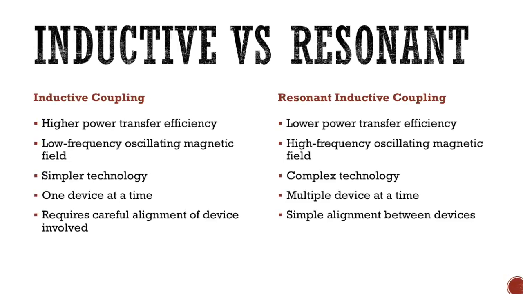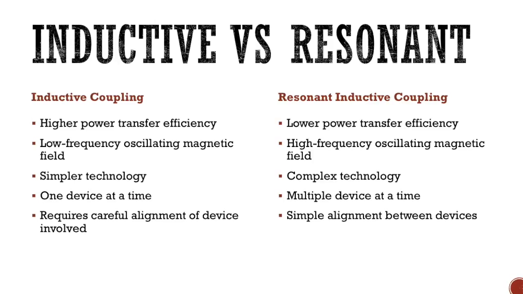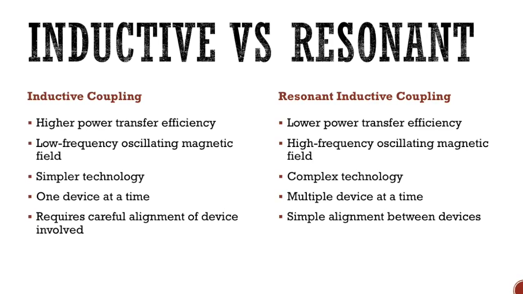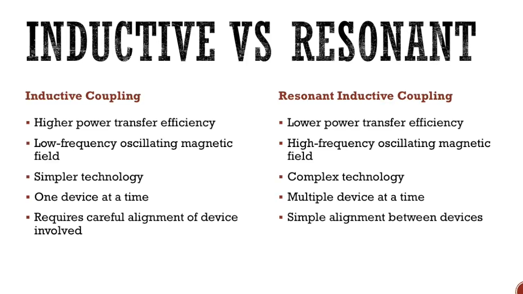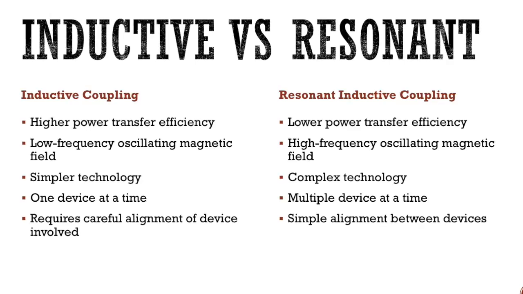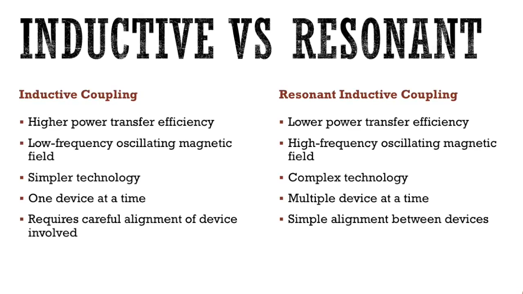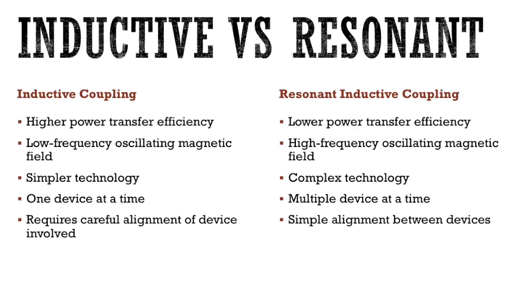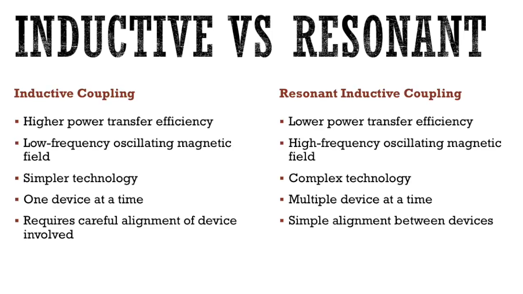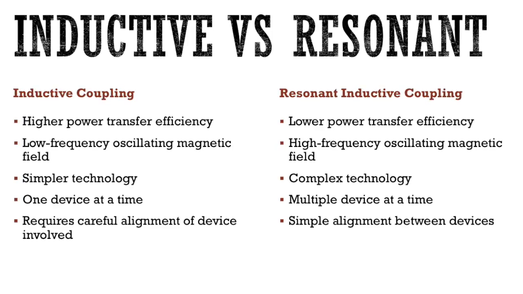Inductive coupling uses simple technology, but resonant uses complex technology. We can use multiple devices at a time for resonant, but only one for inductive coupling. Inductive coupling requires careful alignment of device involved, but not resonant. That's all for the comparison between inductive versus resonant.